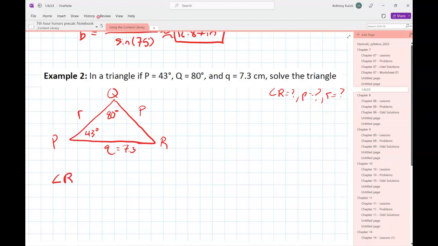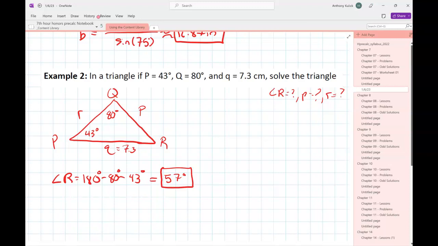Because it's really easy. So what is that? 57? Everybody's good with that? Okay.